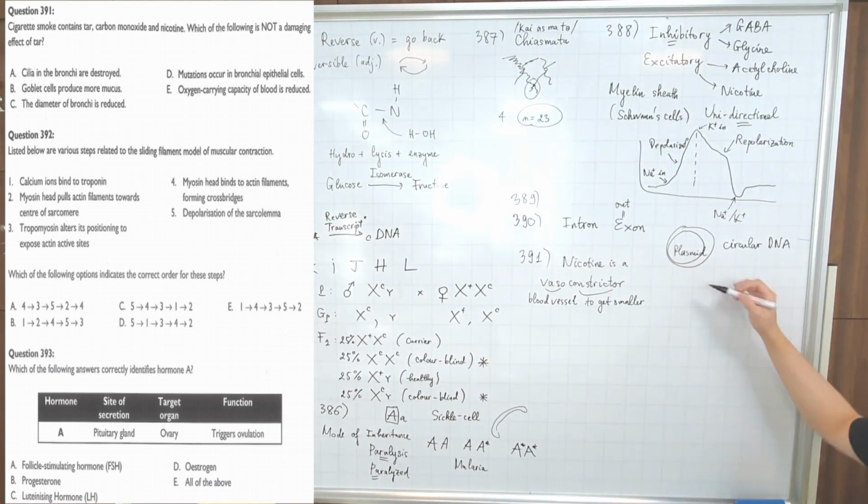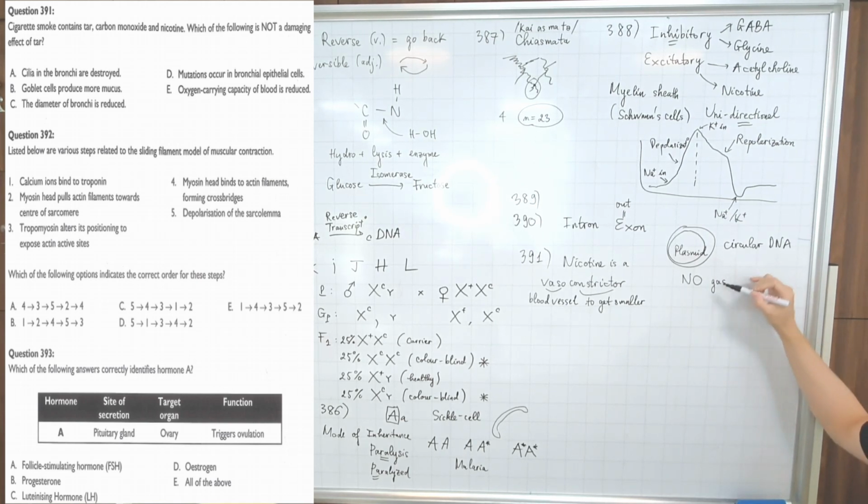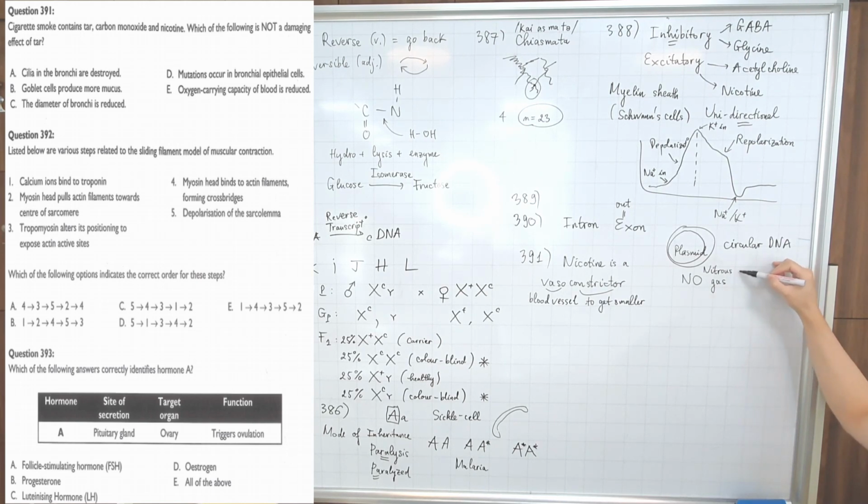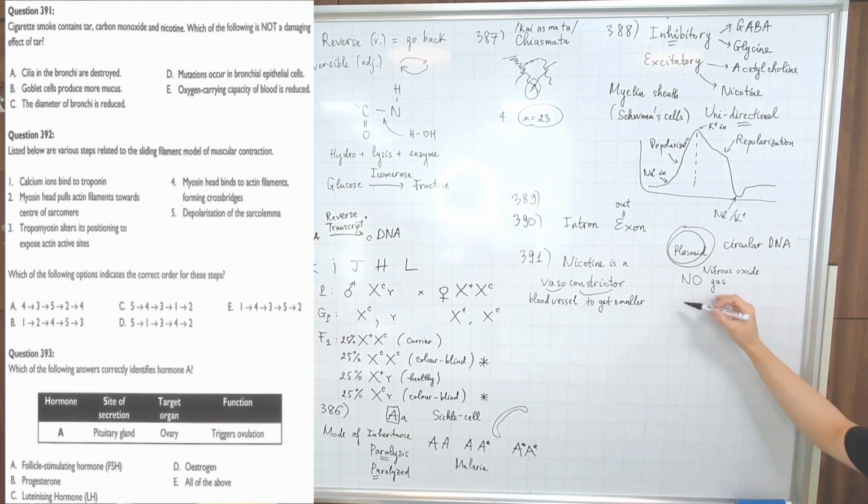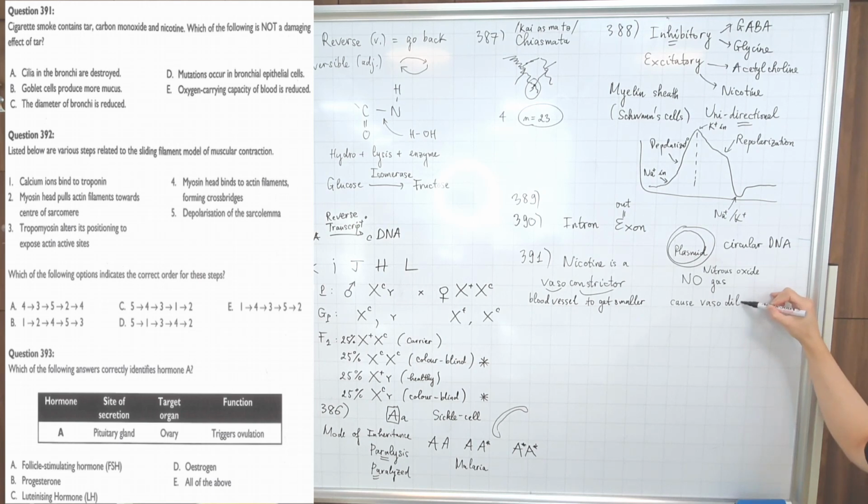And NO gas, so nitrous oxide, NO gas causes vasodilation. It's the opposite of this one.